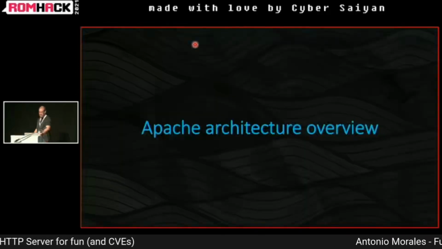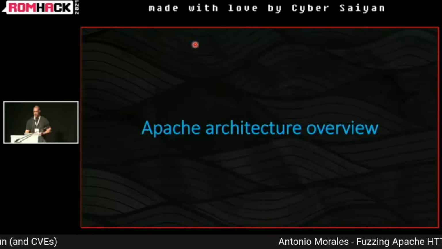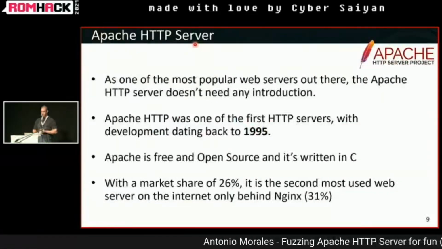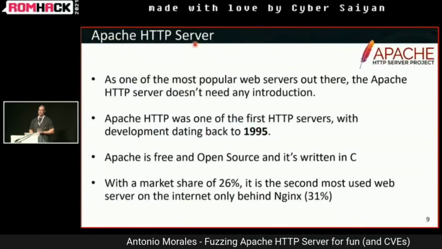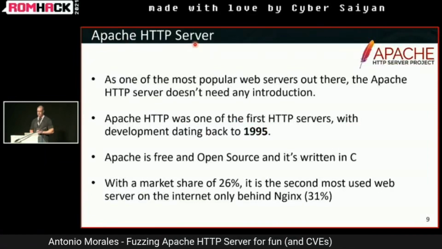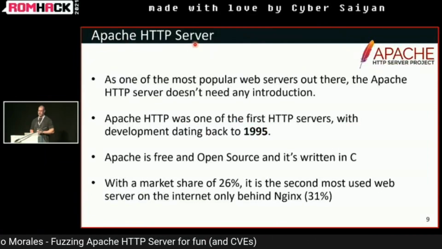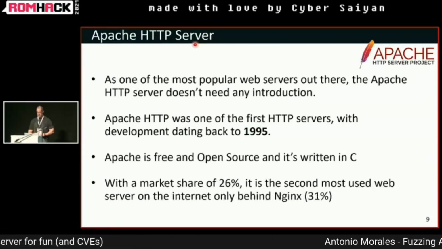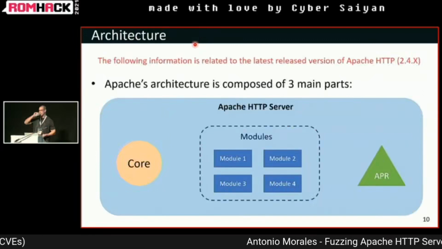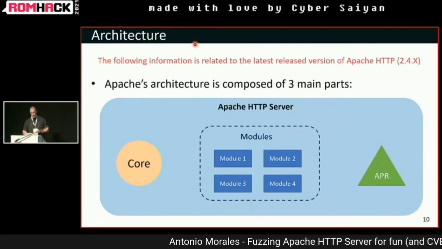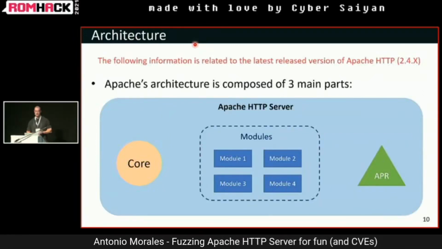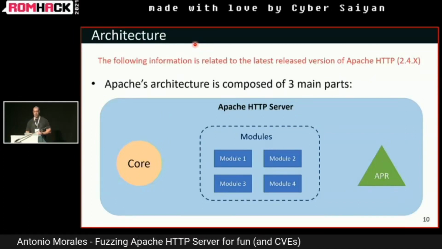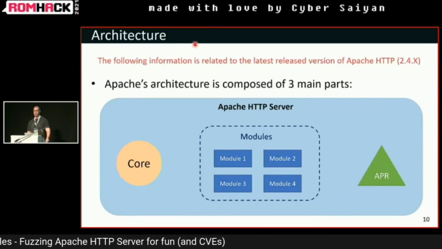Well, let's start with the Apache architecture overview. Apache is one of the most well-known HTTP web servers, so I think that it doesn't need any introduction. So we can skip this slide. Apache's architecture is composed of 3 main parts.